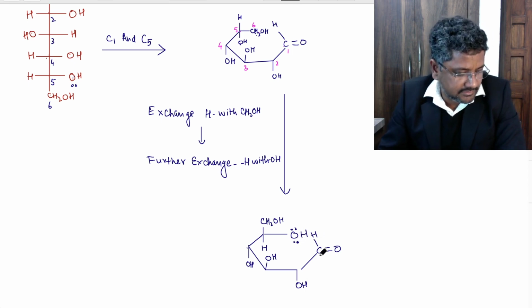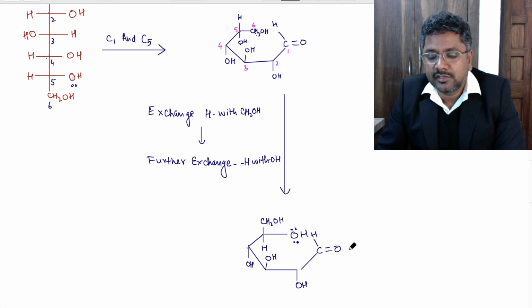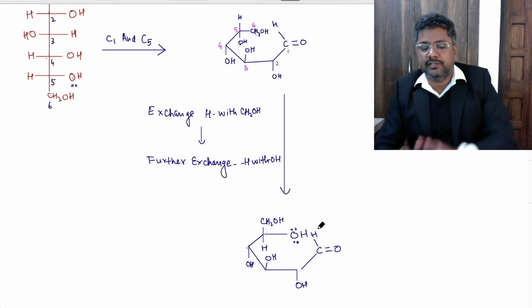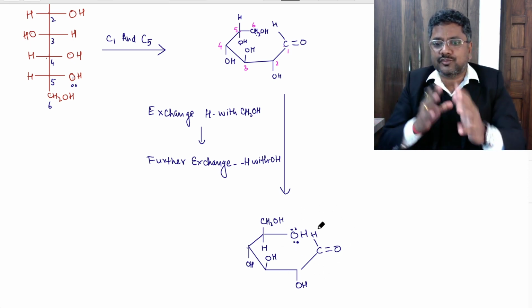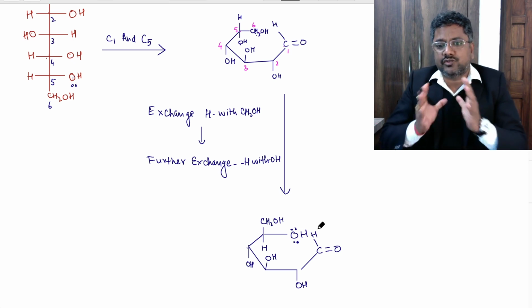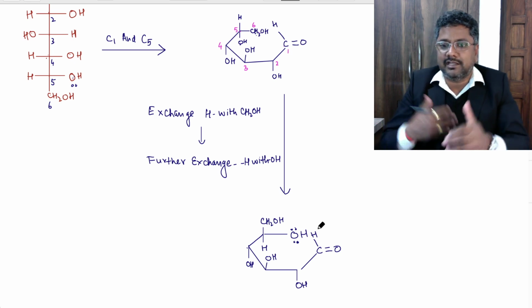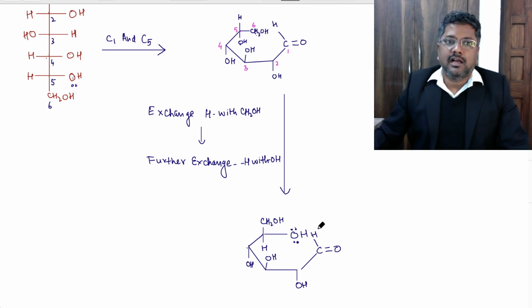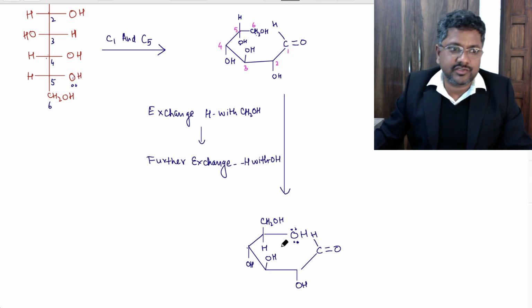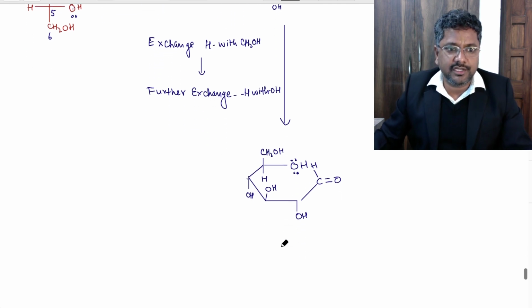Like this. Okay. So now the groups in your molecule are so perfectly oriented that they can react, and the configuration in this molecule and in this cyclic structure has no change, right?